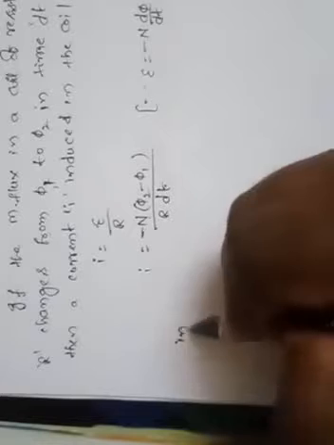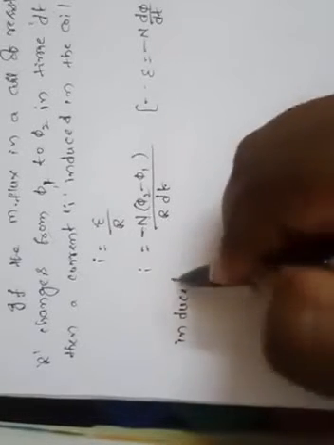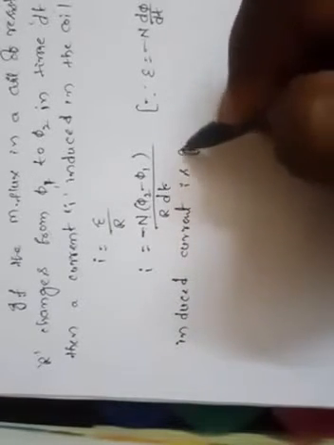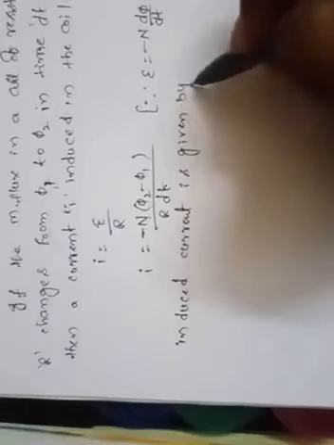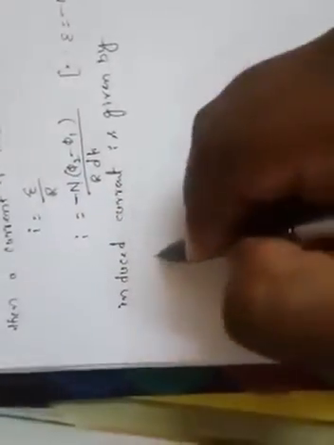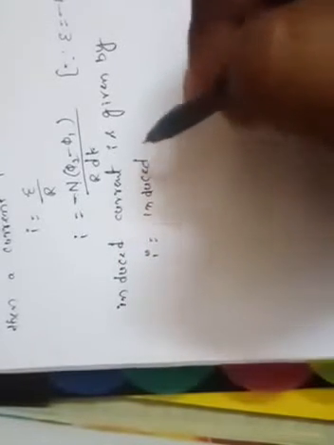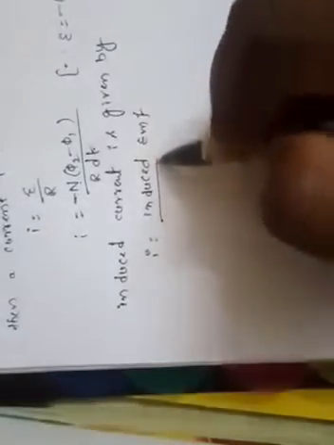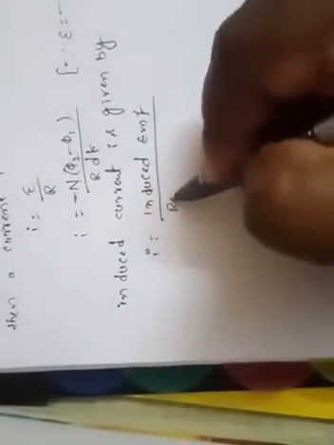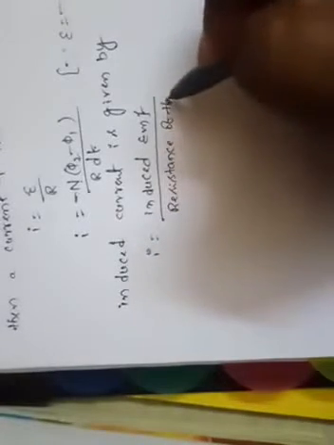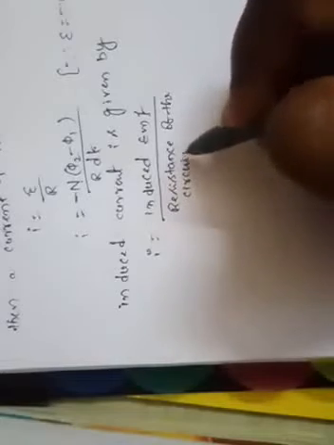Now this expression we can change like this: the induced current is given by I equal to induced EMF by resistance of the circuit.